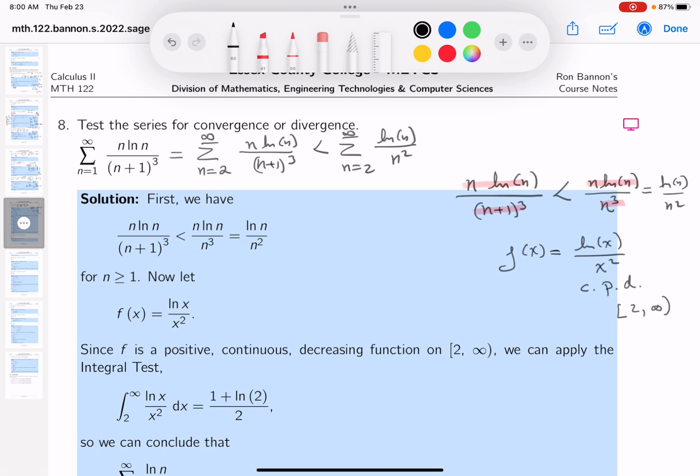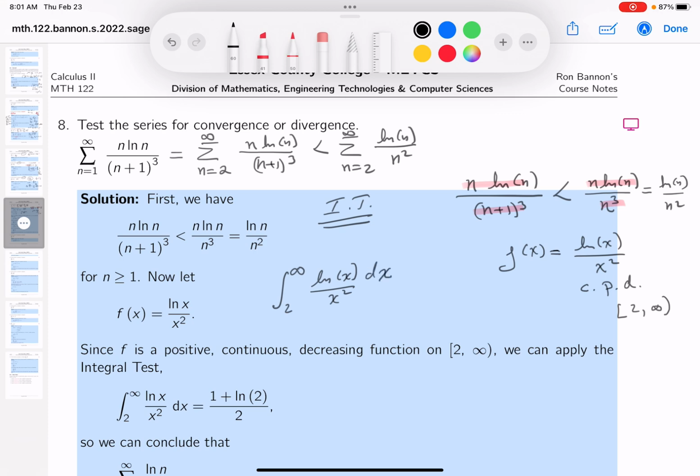So let's see if we can do the integration. What's the integration going to look like? It's going to look like the integral from 2 to infinity. We're using the integral test, by the way. Again, if it's tough to integrate, I'm going to have to backtrack and do something different, probably a limit comparison test or something. So let's take a look at that. The integral from 2 to infinity of the natural log of x over x squared dx.